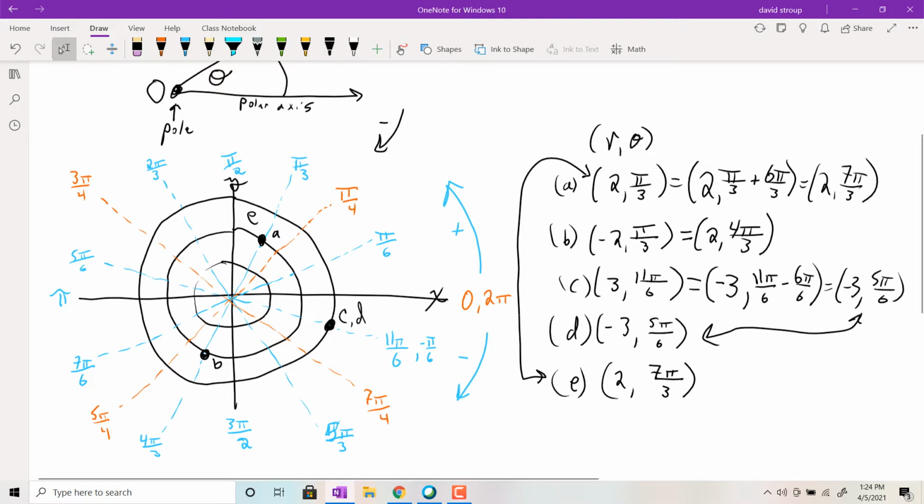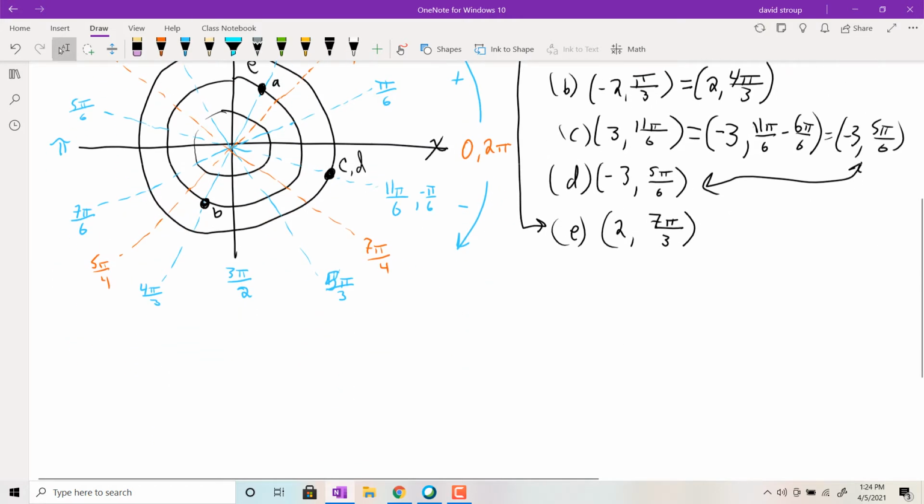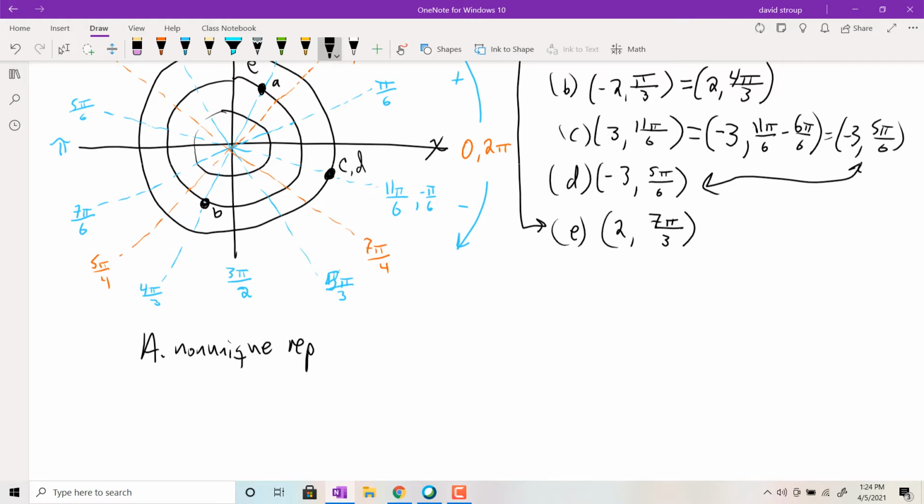So in general, we could make that a rule here. We have non-unique representations. So basically, if you start at r comma theta, one thing we saw there was to add multiples of 2 pi to theta.